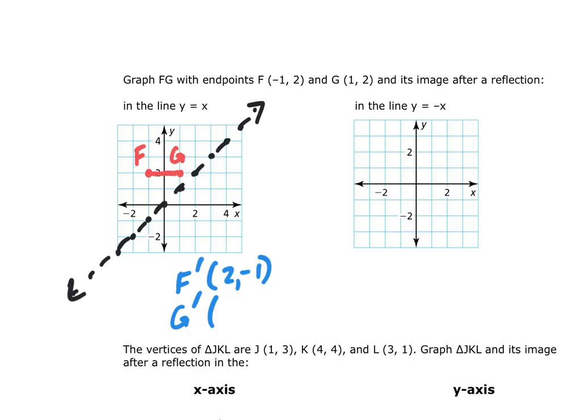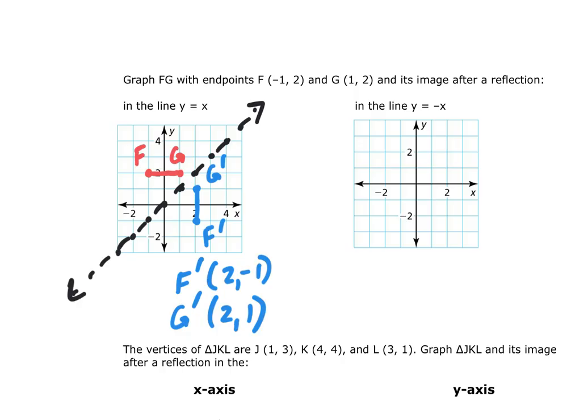So what do you think G prime is going to be? 2, 1. Yep, just changes places. So if I go 2, -1 and 2, 1, this is F prime, this is G prime, and there's my segment. Okay. These have been reflected, these have been reflected, okay? What makes this difficult is because the line is slanted. So knowing that rule is going to be really, really important, okay?